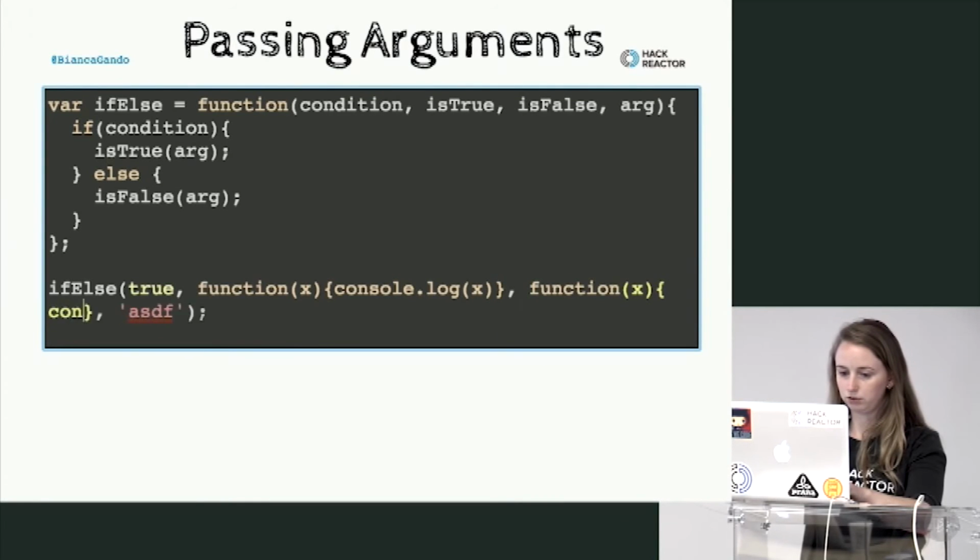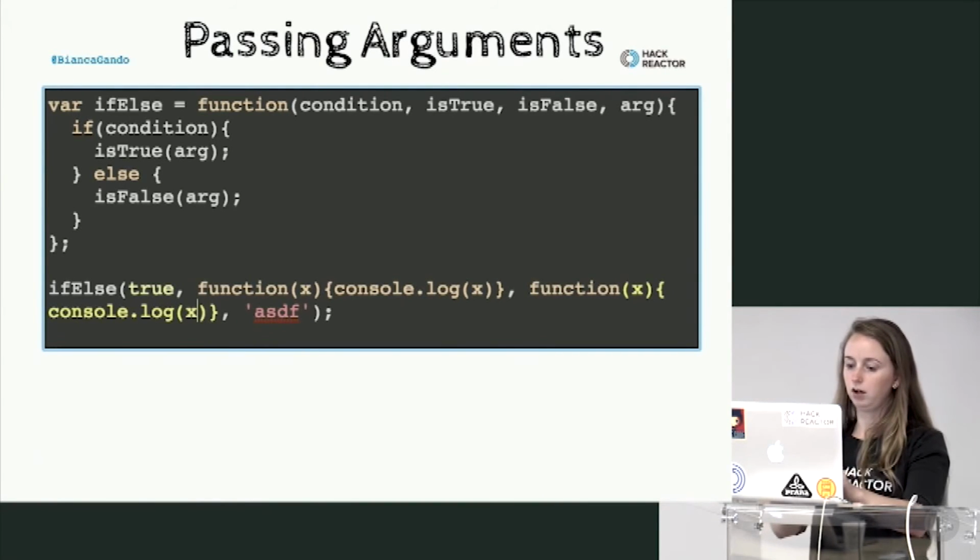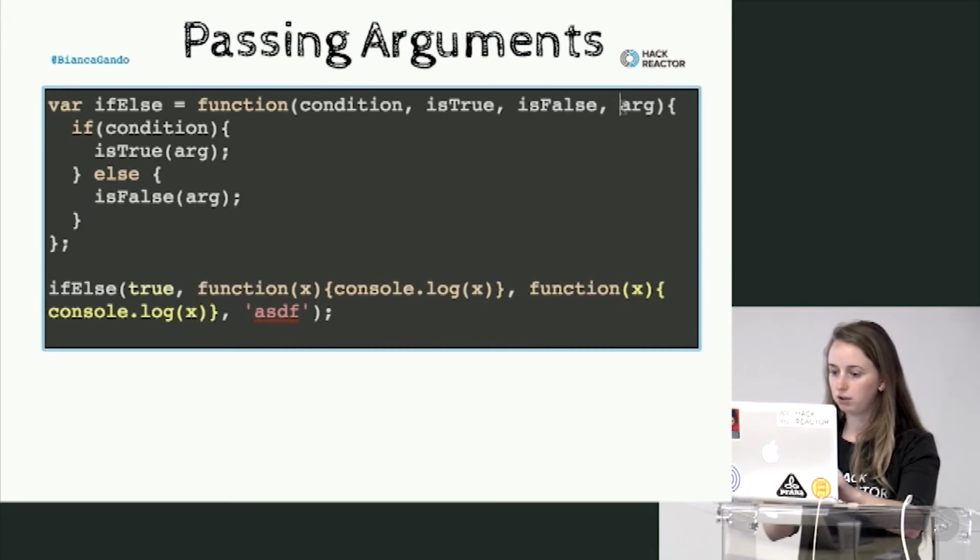Maybe this will answer the question. Those are just example functions, but this function takes that argument and then passes it to the function, which will console.log x. So x is a parameter.